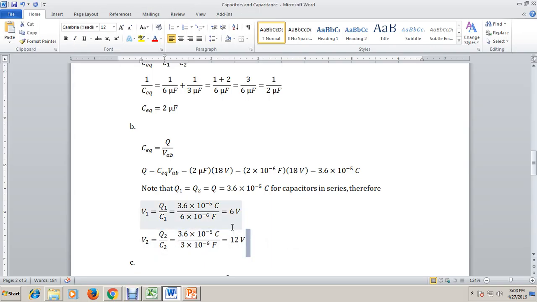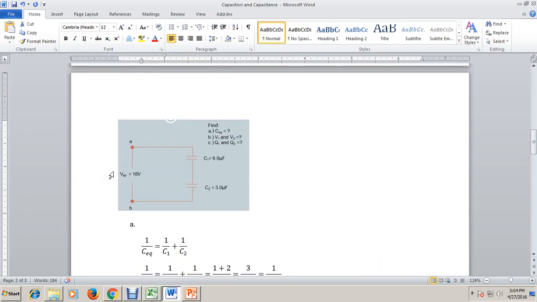Now take note, how do we know if our answers are correct? Take note that in the given circuit, the circuit is connected only to a power source which is 18 volts. So if you're going to compute individually for the voltages across each of the given capacitors, the sum of the voltages of each of the given capacitors should not exceed the available energy provided by our voltage source.